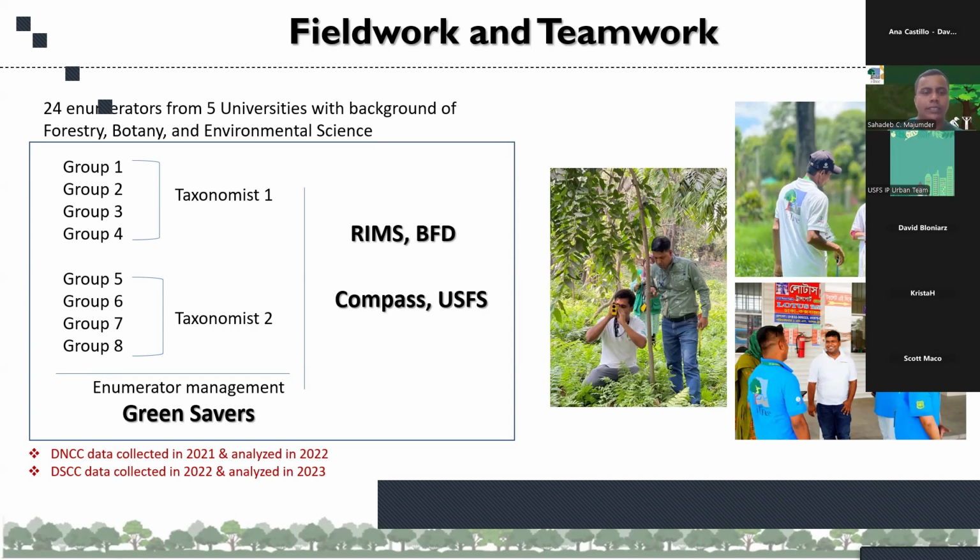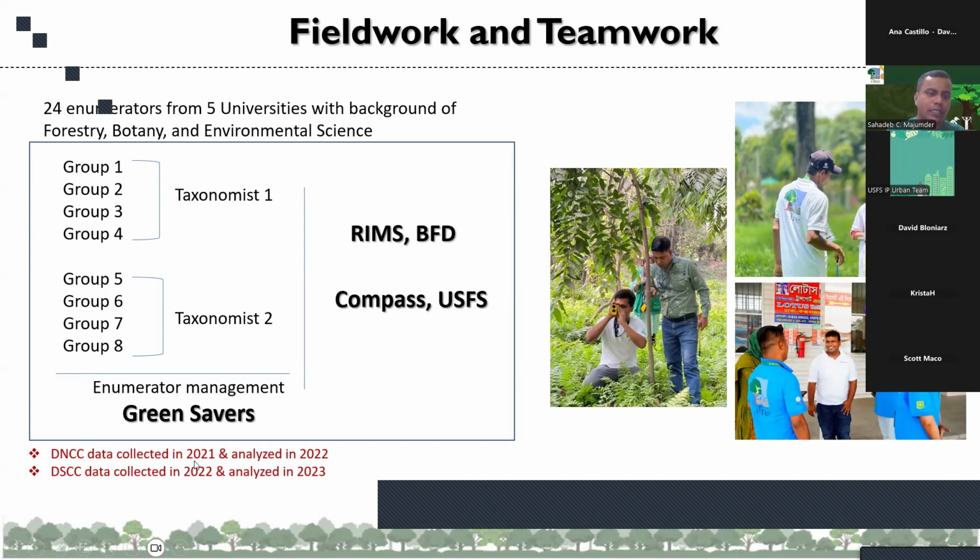Another civil society organization, Green Savers, worked with us to manage the data collection team. RIMS, the Bangladesh Forest Department, was involved, and the COMPASS program of the US Forest Service mainly provided the support.